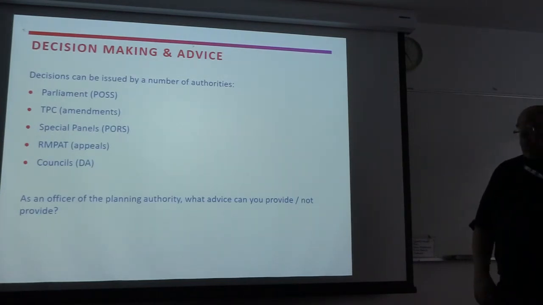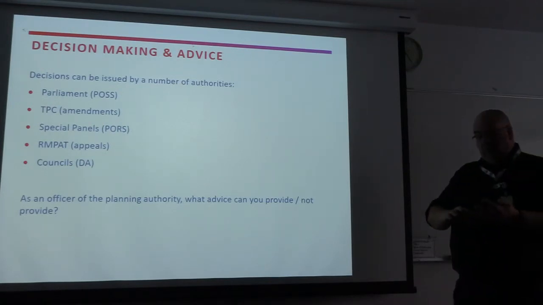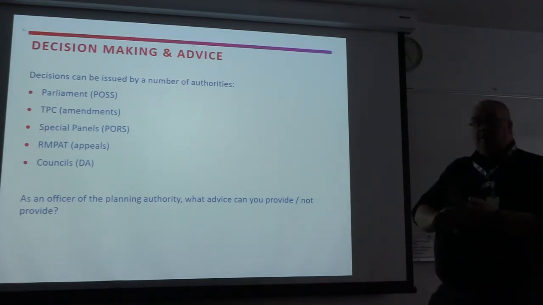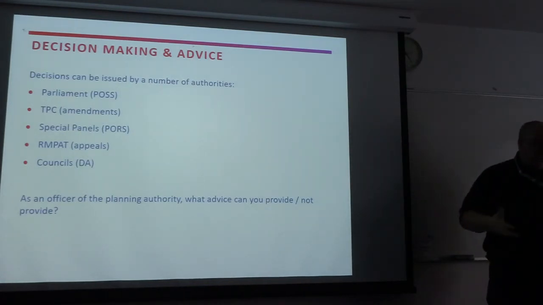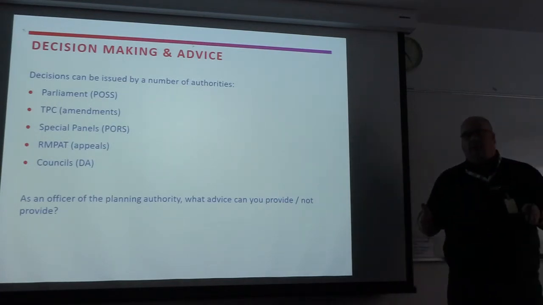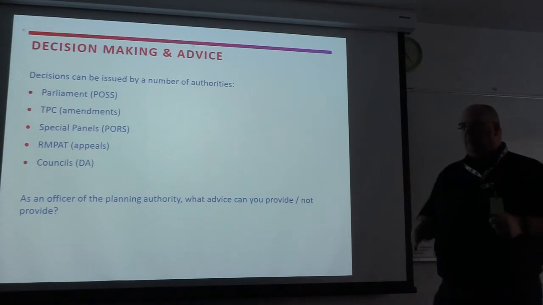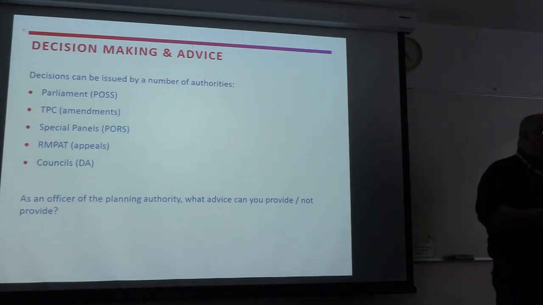Will you approve it? Don't know. I can tell you what my process is, I can tell you the fees, I can tell you who the decision-making authority is, I can tell you that I'm going to write the recommendation, but I can't tell you what council's outcome will be. Council can't tell you what their outcome will be until they go through the formal decision-making process.